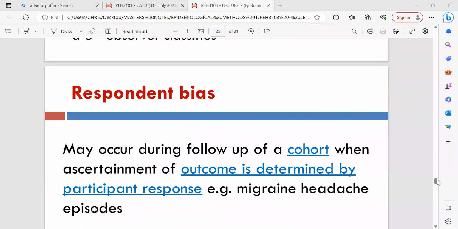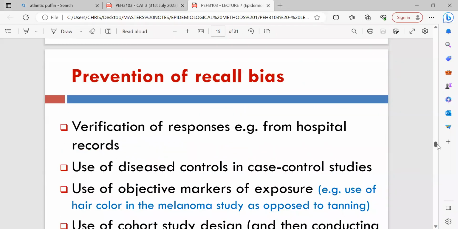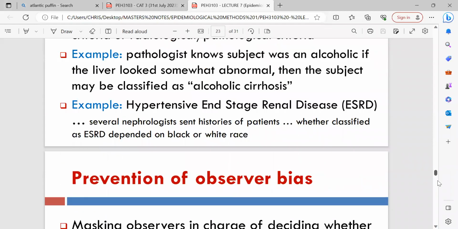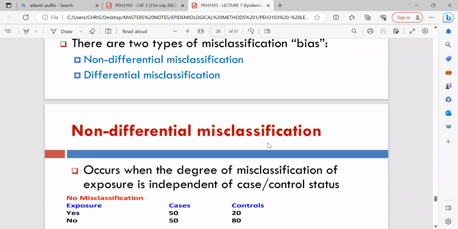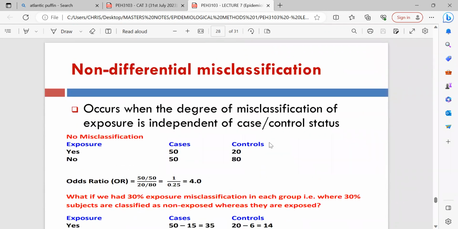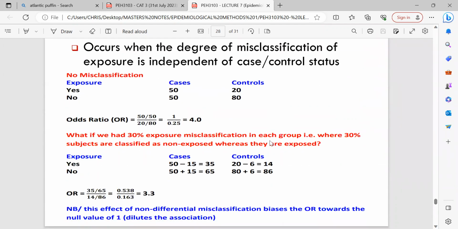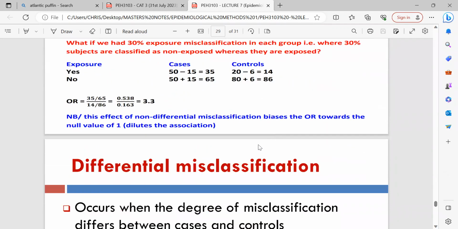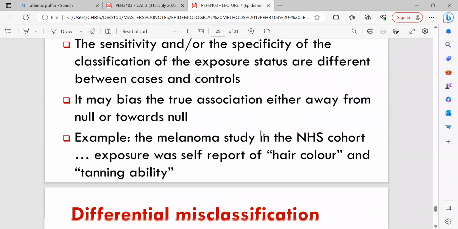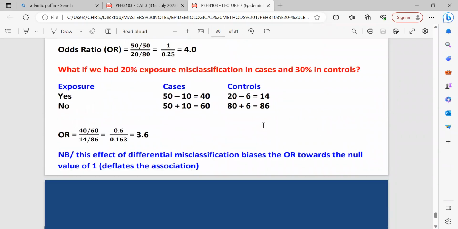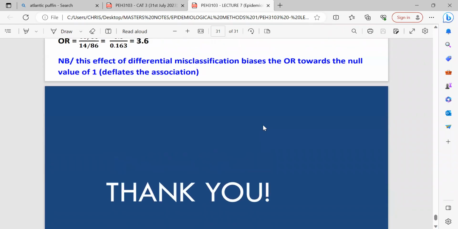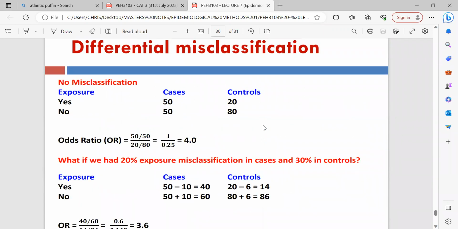This one looks like an odds ratio. Still odds ratio. Is odds ratio similar to relative risk?